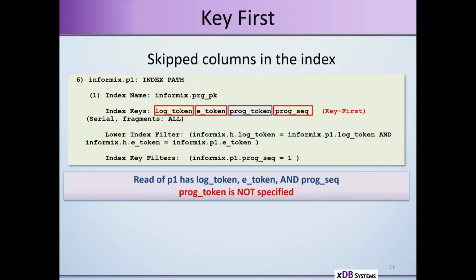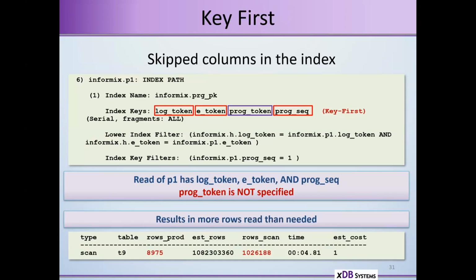So we got our key first because prog token is in the wrong order. What we need to do, and what we did do, was to move prog token to the end of the index. So we could use those log token, E token, and prog sequence to drill in and only retrieve the rows we needed. And if we look at this particular example, we see that we read a lot more rows than we really needed.